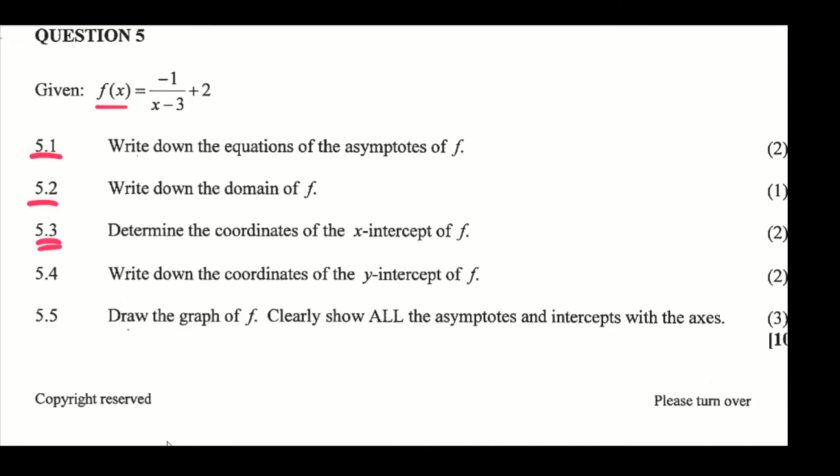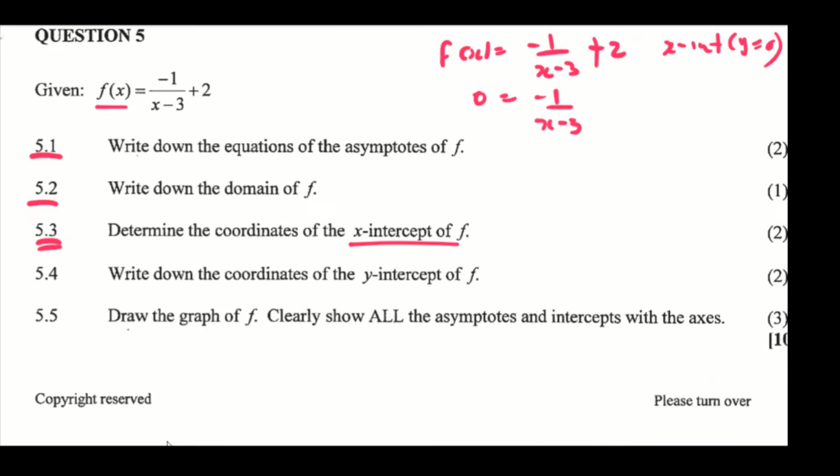So now we're going to go to 5.3, where we are asked to determine the coordinates of the x-intercept of f. So we have f(x) = -1/(x-3) + 2. So we want the x-intercept when y = 0. 0 = -1/(x-3) + 2. Transpose the 2 to the other side. We have -2 = -1/(x-3). And then we cross multiply: -2(x-3) = -1.